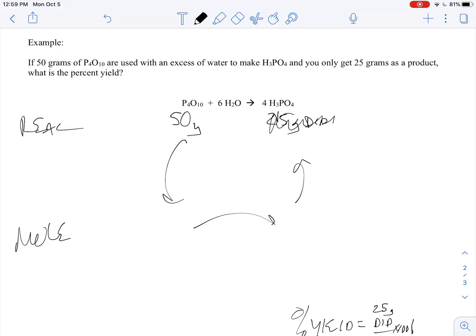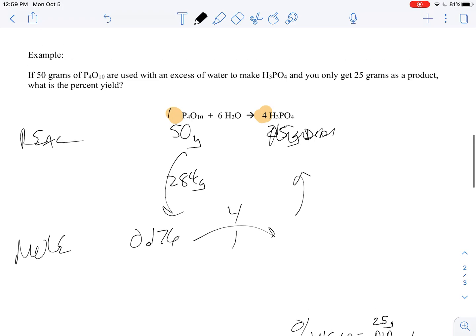So phosphorus is 31 4 times, and then another 160 for the 10 oxygens is going to be 284 grams for that stuff. So dividing those two guys out, you should end up with 0.176 moles that you have. You have to work your way over by a 4-to-1 ratio. So we're going to multiply that by a 4-to-1 ratio.